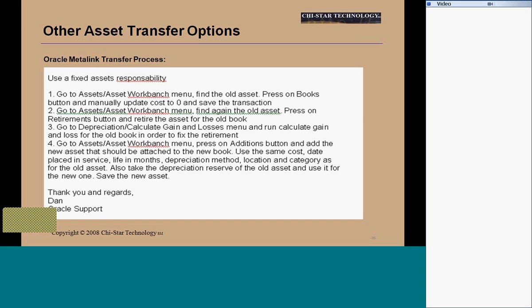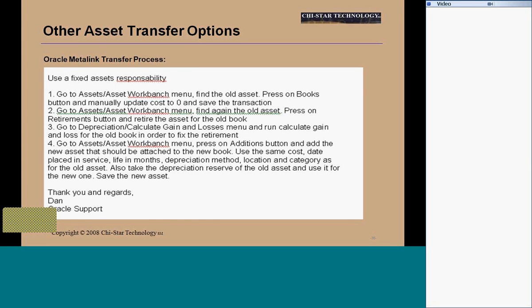One of the solutions that has been brought forth by Oracle out on Metalink to eliminate the gain and loss issue is to go into the asset workbench, query up the asset that is being transferred, and adjust the cost to zero. Save that, and then what you end up doing is retiring a $0 asset, which will result in no gain and loss.